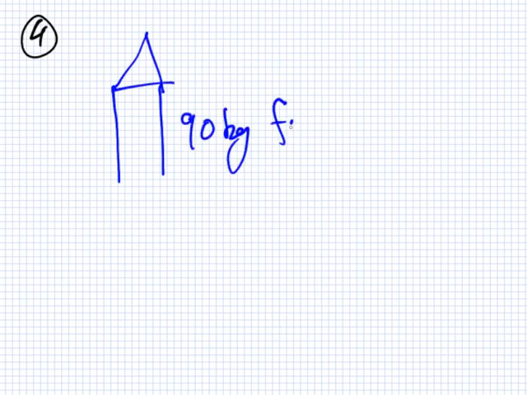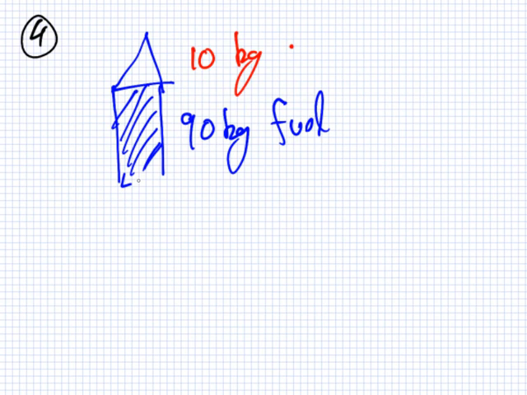So here is the rocket, and it is 90 kilograms fuel, and then 10 kilograms. Does anyone know what you call the part which isn't the fuel? The fuselage. Now we're getting fancy.